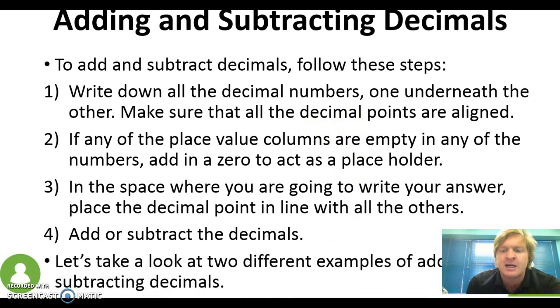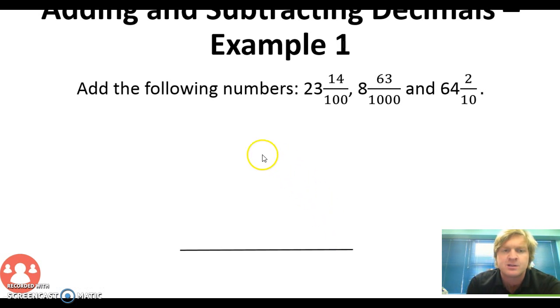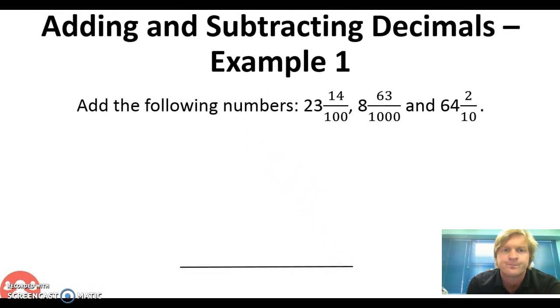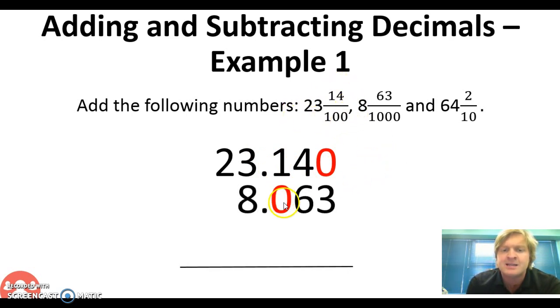Let's have a look at some examples of adding and subtracting decimals. We've got 23 and 14 over 100, 8 and 63 over 1,000, and 64 and 2/10. I wonder what that's going to look like as a decimal. 23.140 is this one. 8.063 is this one.